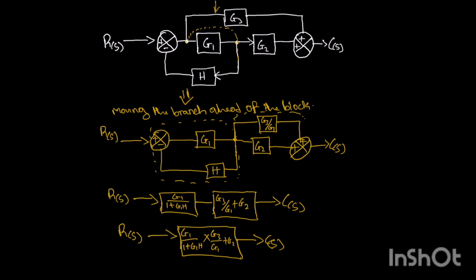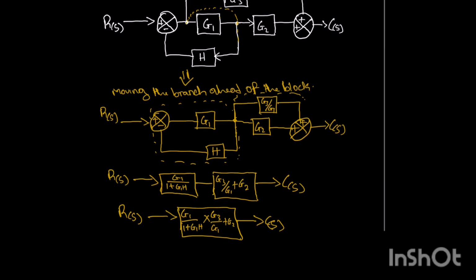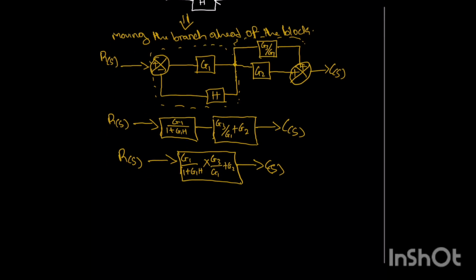So as you can see now, we have one block in between R of x and C of x. So you can now call this the transfer function of the system.